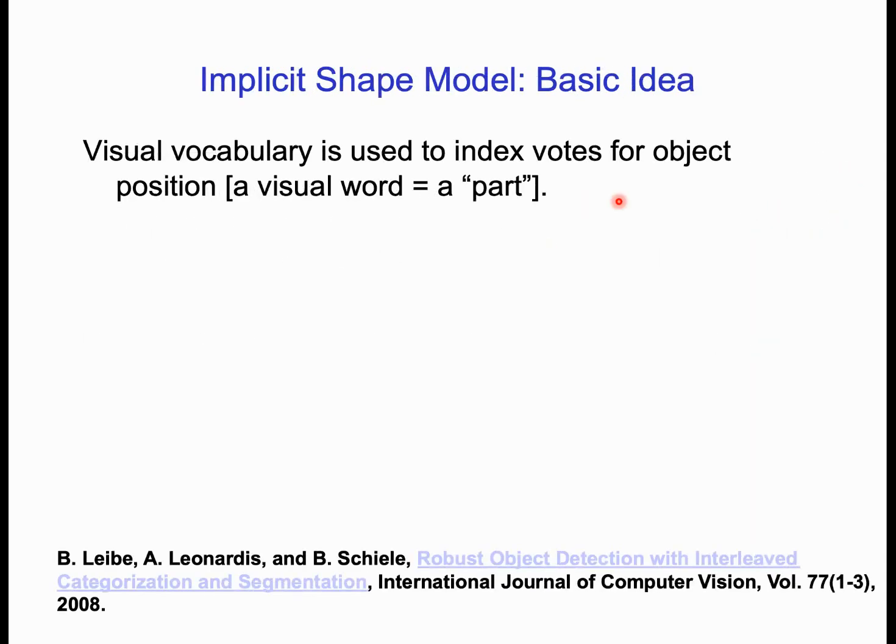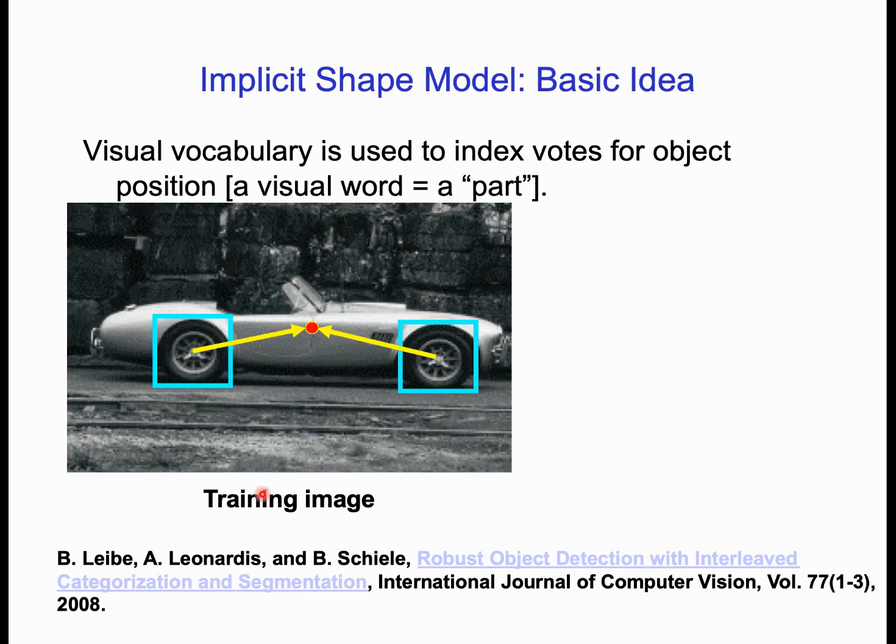So a visual vocabulary is used to index and vote for object position, meaning that if I have this image, for example, the idea is that if I can detect the wheels of this car, that detection can tell me where the center of the car can be.